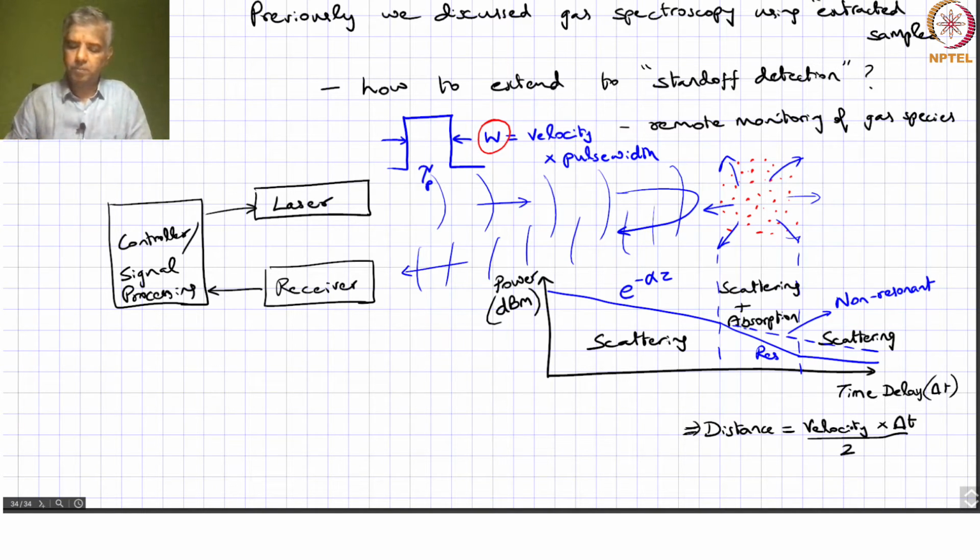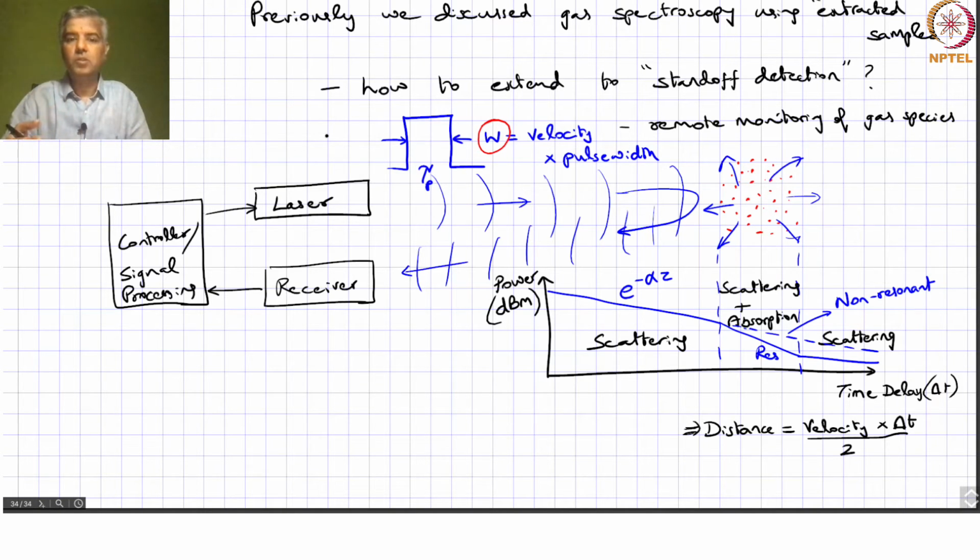But of course you want to quantify how much power you are getting, and what the system parameters are. How do you go about designing this entire system? How do you decide what wavelength? First of all, that depends on the gas species. Then how much output power should you have for the peak power of the pulse?